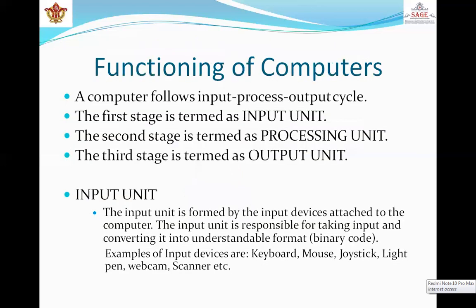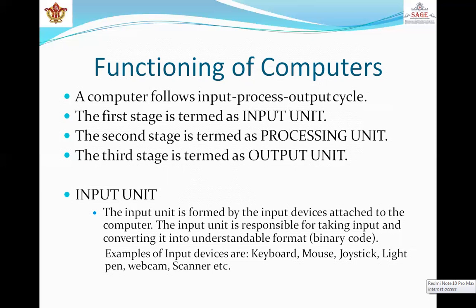Next, a computer follows an input-process-output cycle. The first stage is termed the input unit, the second stage is termed the processing unit, and the third stage is termed the output unit. The input unit is formed by the input devices attached to the computer. The input unit is responsible for taking input and converting it into an understandable format, meaning binary code.